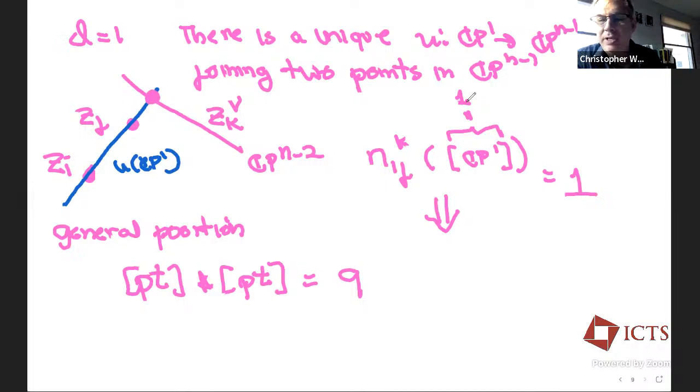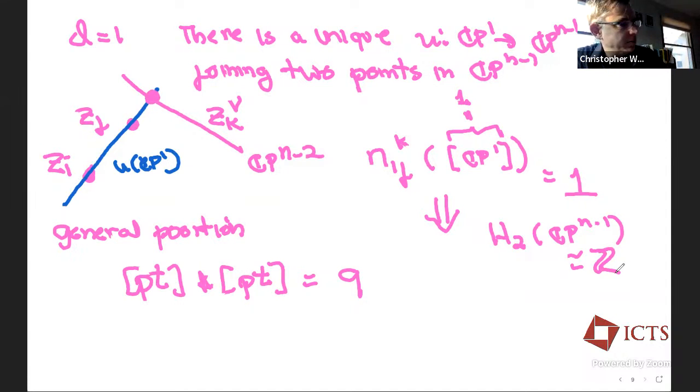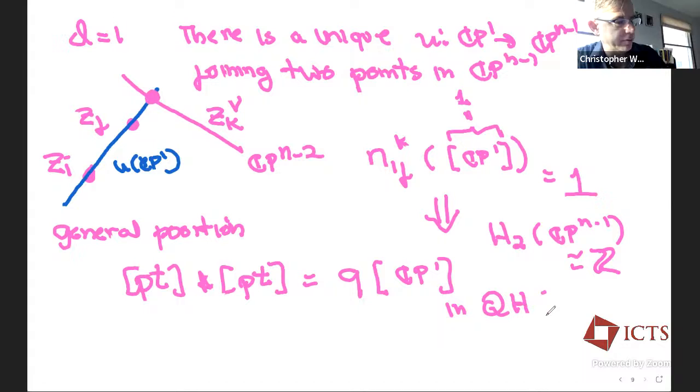So we trivialize H2 so that H2 of CPN minus 1 is isomorphic to Z. This class goes to 1 under that isomorphism. Then I have to dualize the CPN minus 2. The dual of that is going to be the class of CP1. So this will be an example of the quantum product in CPN minus 1.